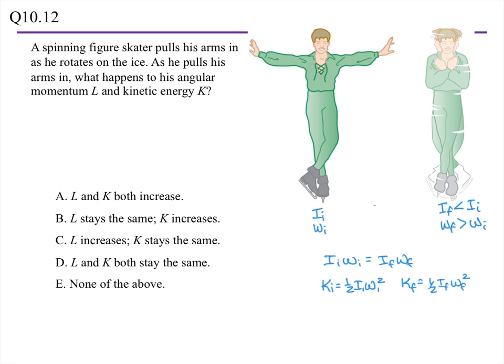the problem is here that in order to compare the initial and final kinetic energy, we want to write them in the same terms. So from here, we can say omega final is equal to I initial over I final times omega initial. And we're going to substitute this in here. I'm going to work over here so I have more room.